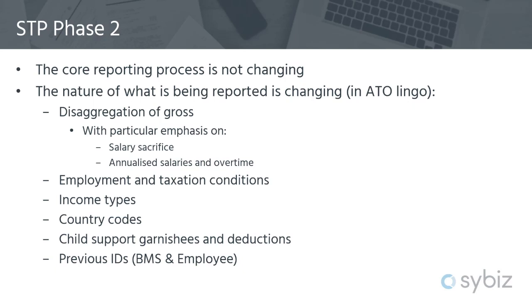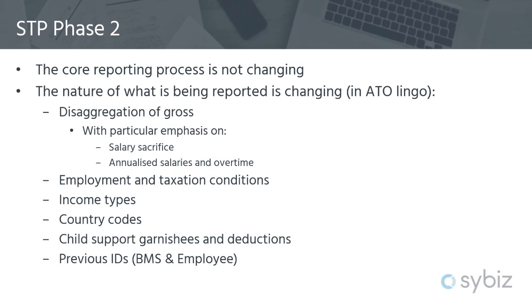So for your normal salary sacrifice to super, it's not going to be too much of a difference for you. But when you're salary sacrificing, say on a fringe benefits basis, that's been previously reportable. So again, that's not going to change too much, but there are other elements of salary sacrifice, such as to exempt benefits, that previously you didn't have to report.